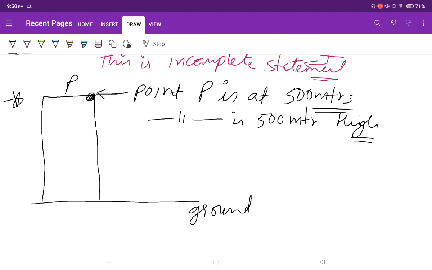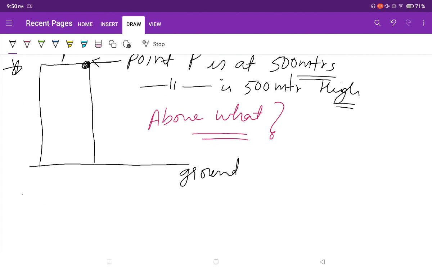500 meters above what? This is the big question. Above sea level, above ground level, what is the reference here?